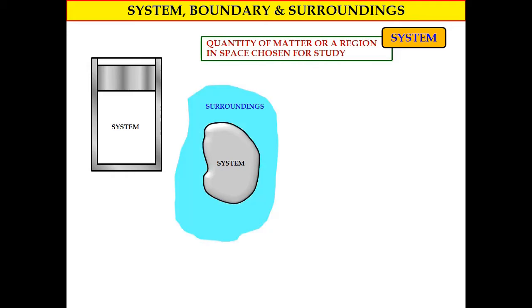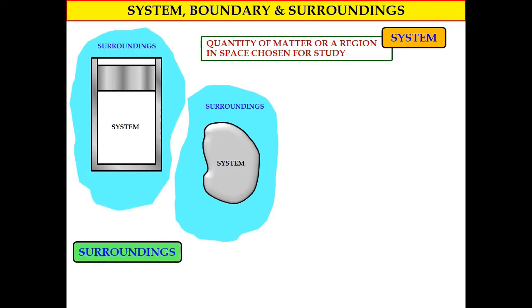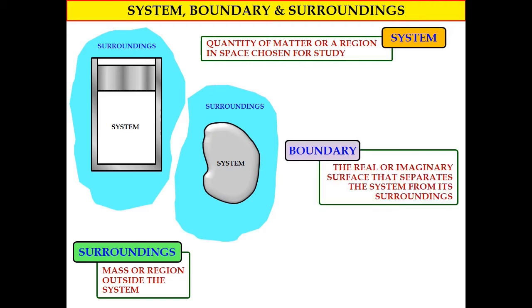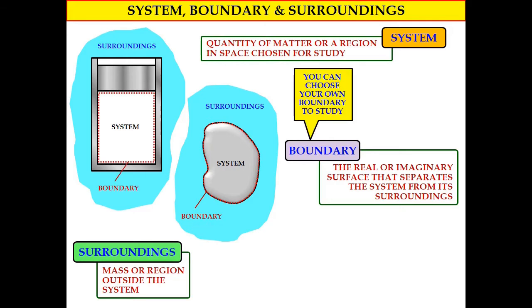The blue color area represents the surroundings, where surroundings means mass or region outside the system. However, the boundary of the system is the real or imaginary surface that separates the system from its surroundings. The boundary is represented by the red dotted line in this figure.